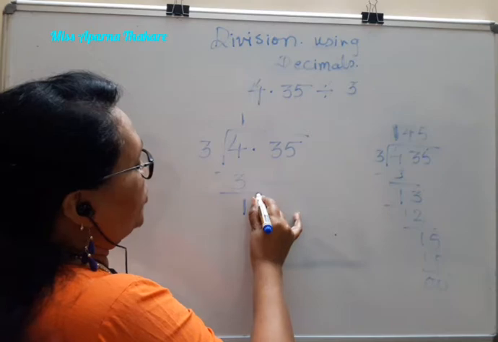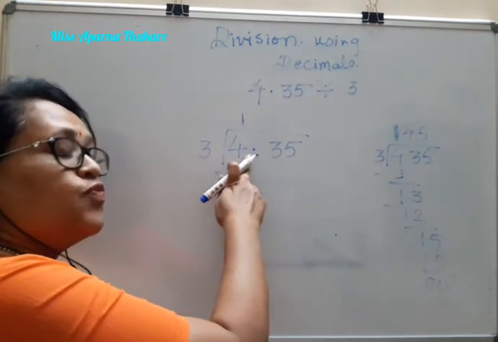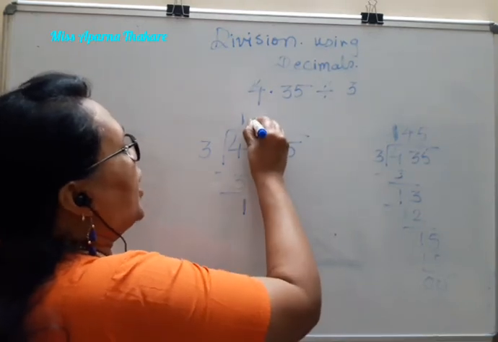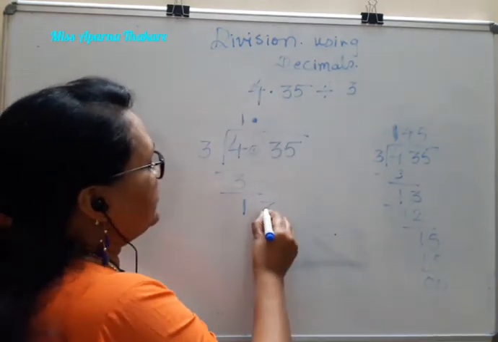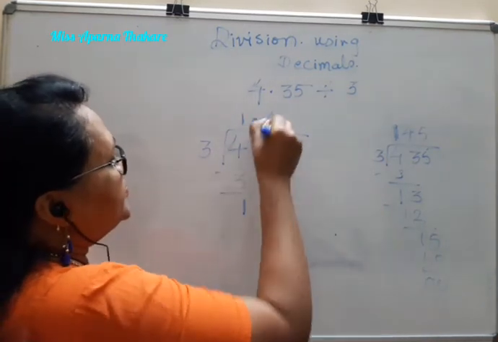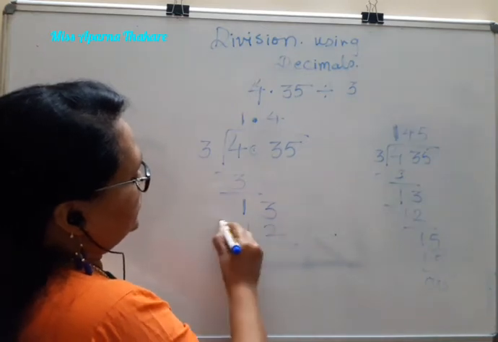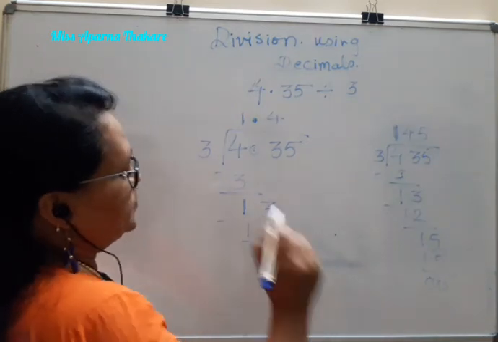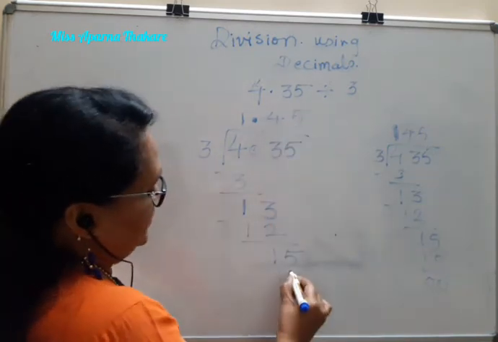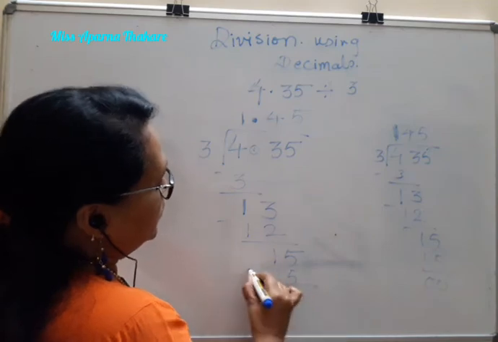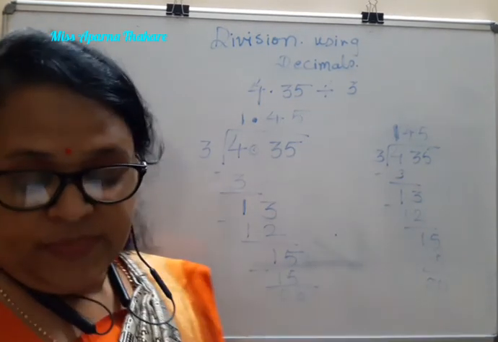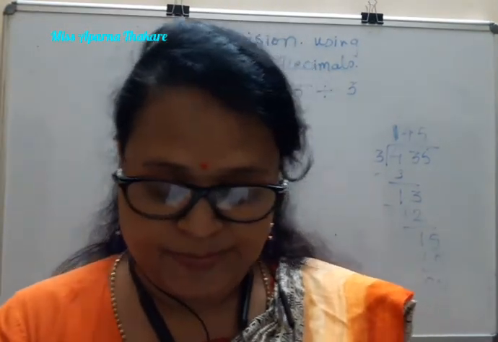Now this 3 has to come down, but between 4 and 3 there is a decimal point, so the decimal point goes up and then 3 comes down. 3 fours are 12, remainder 1, then 5 comes down, and 3 fives are 15. The answer is 1.45.